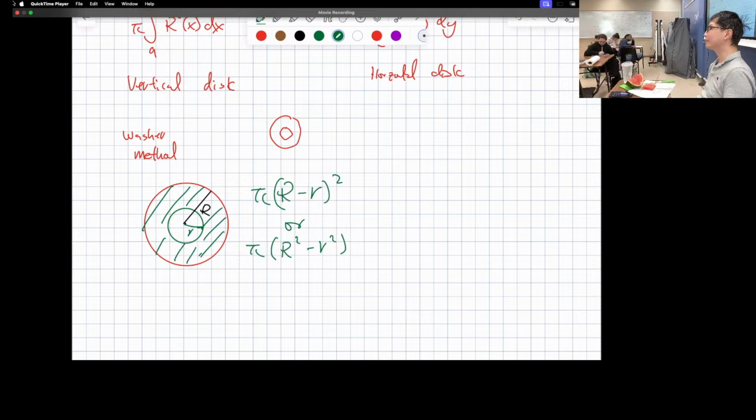Joshua, what do you think? Nicole, what do you think? Astrid, what do you think? If I just want to find the area of the shaded region, which is the outer ring.